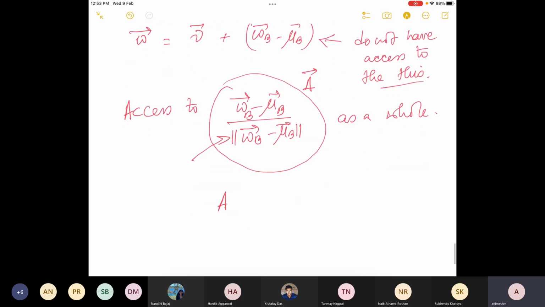If I multiply A with this, then I will get WB minus mu B. But as I said, unfortunately, I do not have access to this. Is there any alternative trick that I can use?